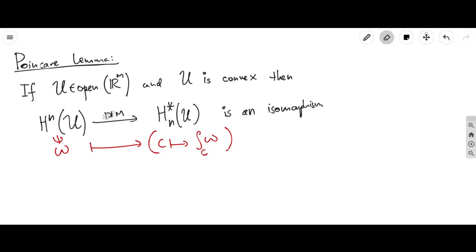Basically, the de Rham theorem, the de Rham map, is an isomorphism on convex Euclidean open sets. We call this the Poincaré lemma for obvious reasons, because it's used as a lemma in the de Rham theorem.